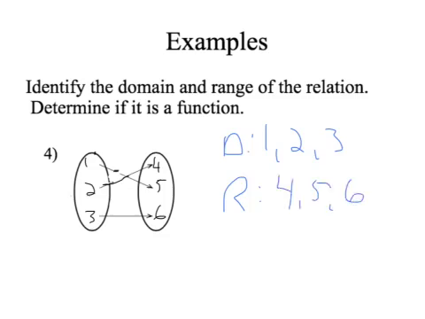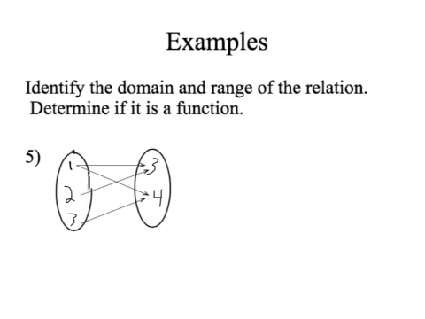Right? So to tell if this is a function or not by mapping, you have to look at the arrows. 1 matches up with 5 and only 5. 2 matches up with 4 and only 4. 3 matches up with 6 and only 6. Since they only go to one number each, that makes it a function.